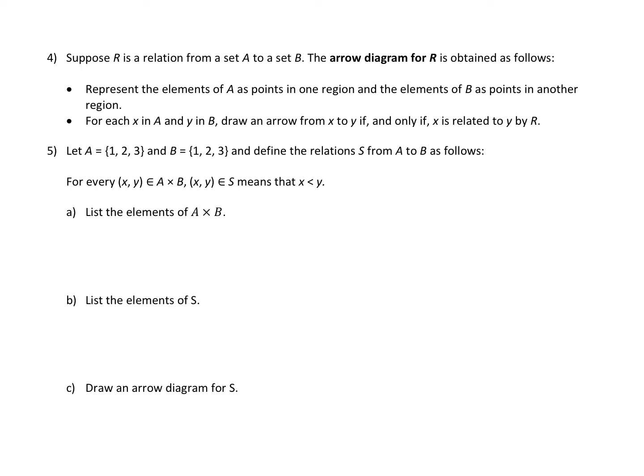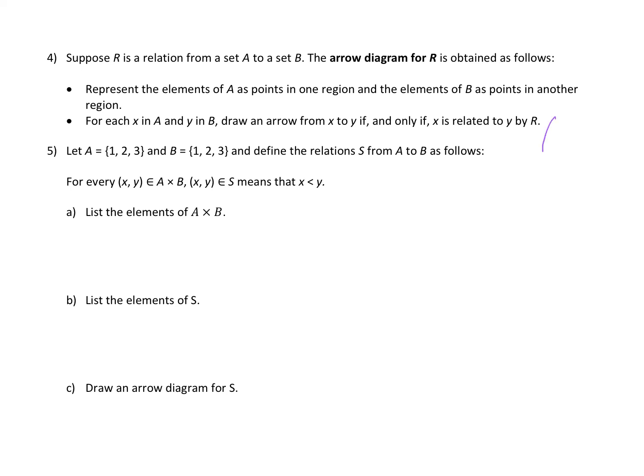All right, let's suppose R is a relation from a set A to a set B. The arrow diagram for R is obtained by putting all the elements of A into one region as points. And then we put all the elements of B into another region, and we usually put them side by side.